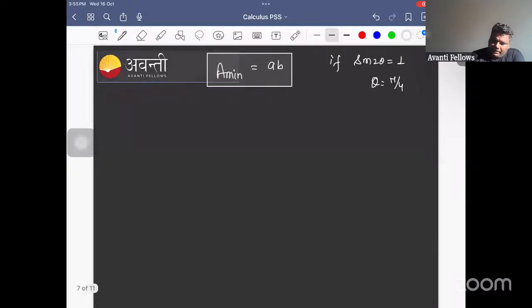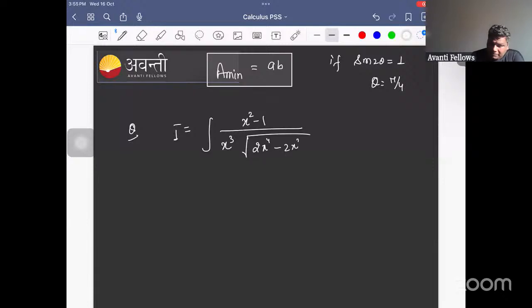Now let's do another question. I is integration x square minus 1 upon x cube under root of 2x to the power 4 minus 2x square plus 1 dx. How to do?